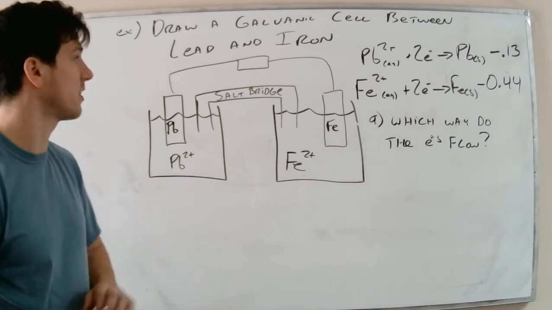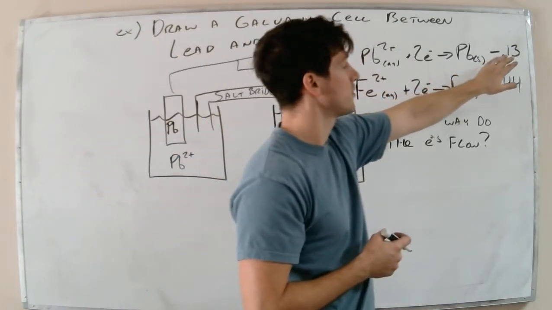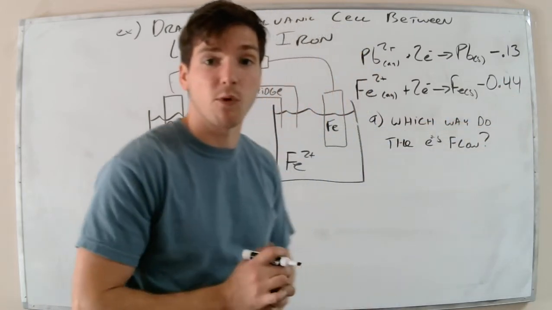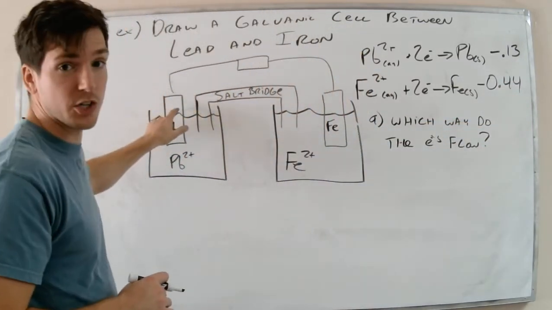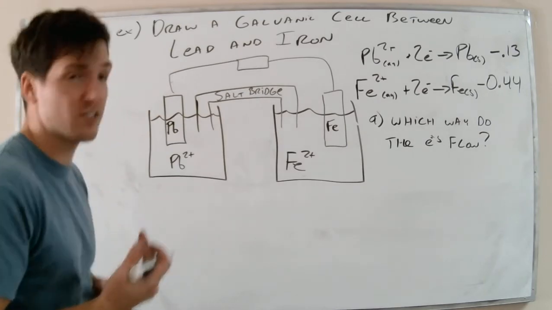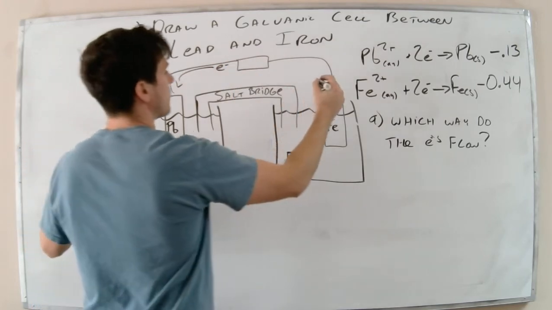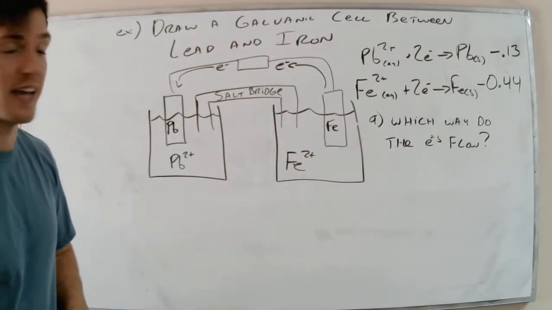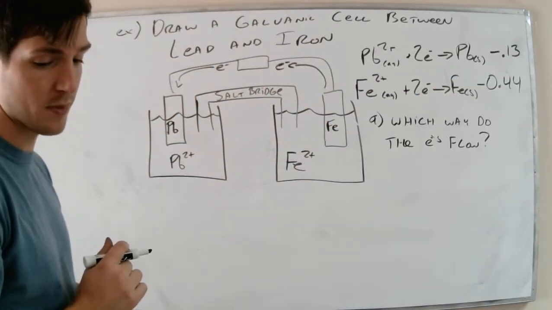Which one's going to attract electrons more? Lead. It is the greater number. It's not positive, but it's a lot less negative than 0.44. So that means that lead piece of metal, anode or cathode, we're not sure yet, is going to attract electrons. So the electrons are going to flow from the iron to the lead, and that's just because its E naught is more positive, right?